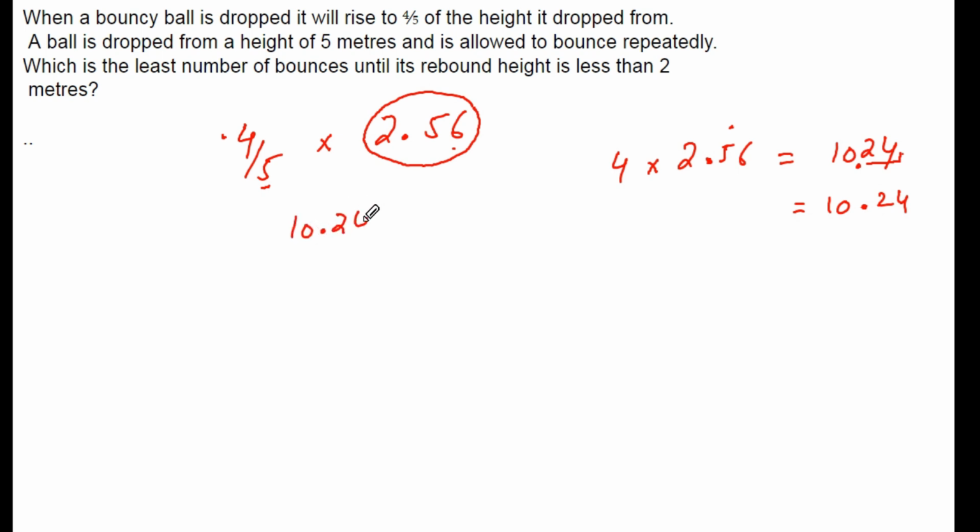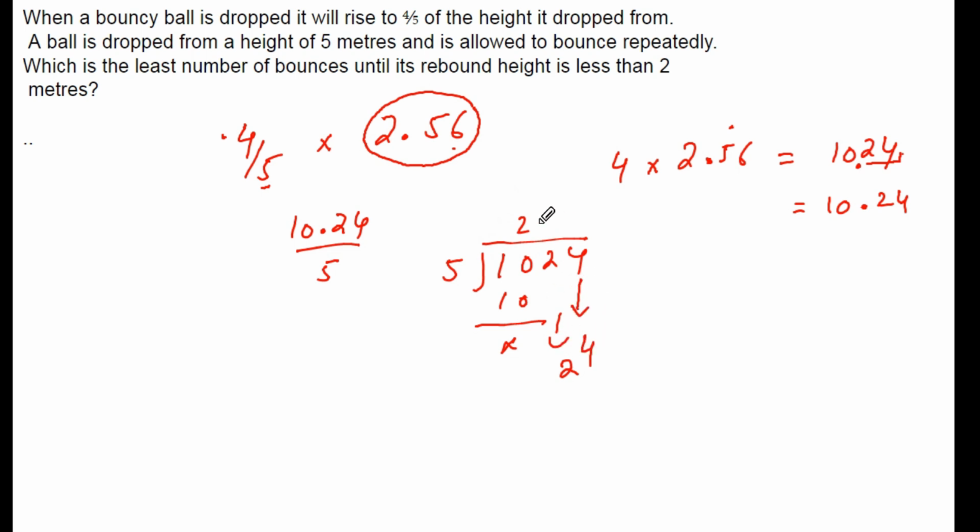Now what do we need to do? We need to divide it by 5. You can use your bus stop method. 5 times 2 is 10, right? And this 2 will come down. But remember, in your division, when you are taking two numbers down together, you need to give a 0 on the top. Remember? Yes, well done. So 5 times 4 is 20. Now the remainder is 4.